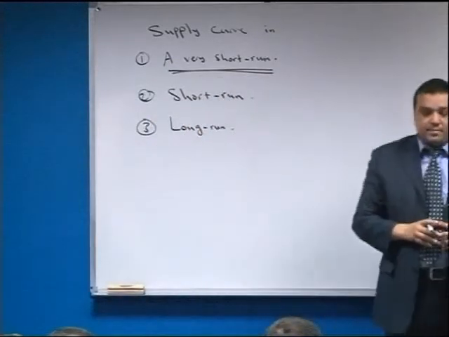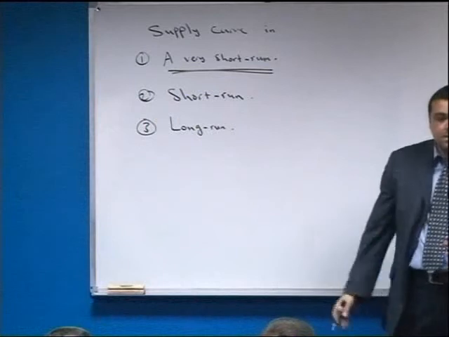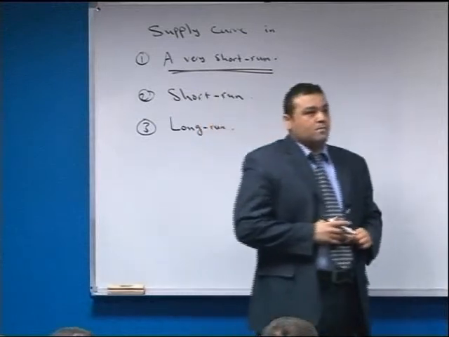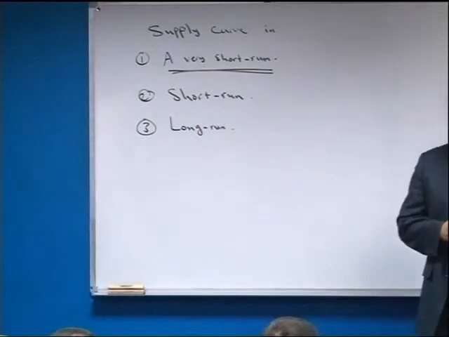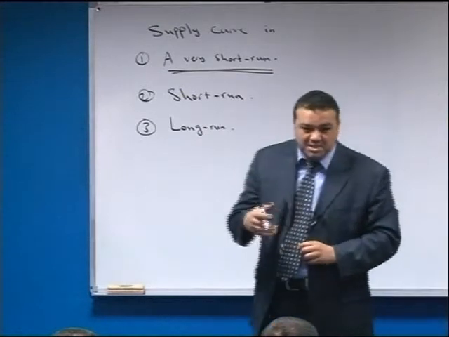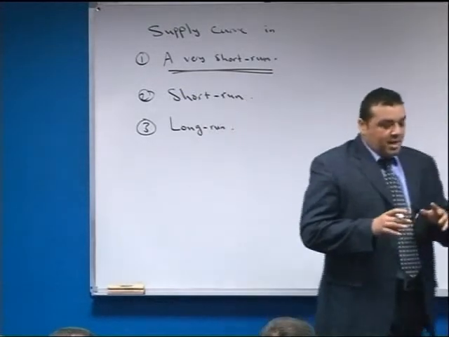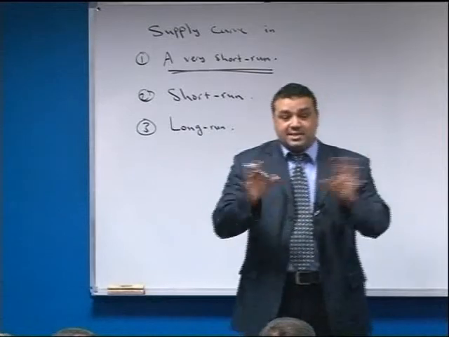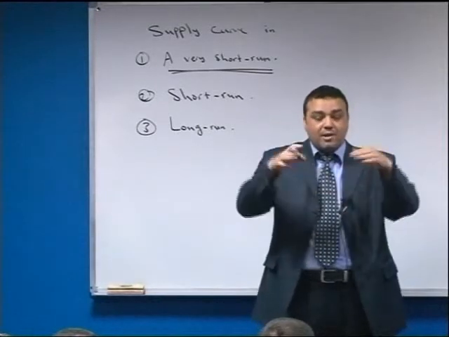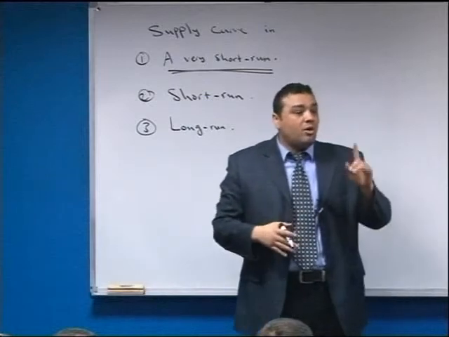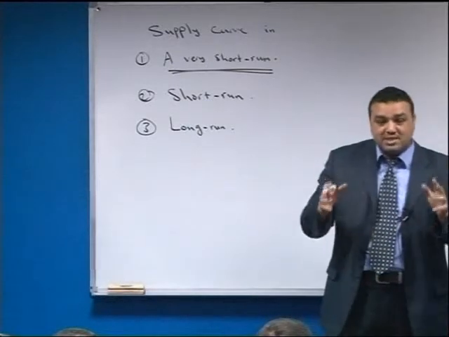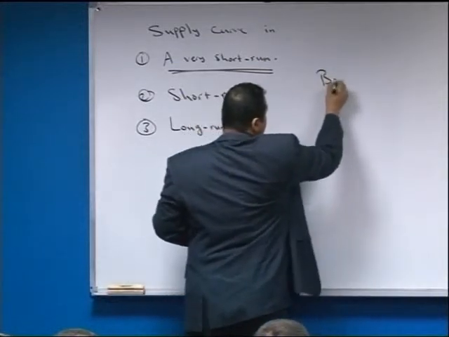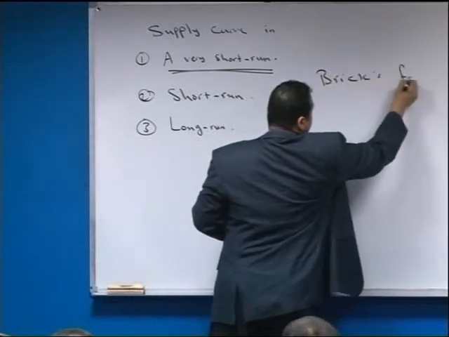To understand the distinction between these terms, suppose that you are the producer and you have a bricks factory. The capacity utilization for this factory is to produce 1,000 bricks a day. The maximum capacity is to produce only 1,000 bricks a day. So you have a brick factory.